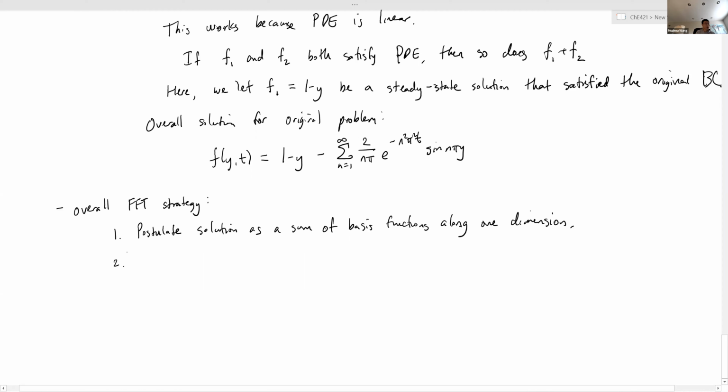The second step is to transform the PDE into an ODE.